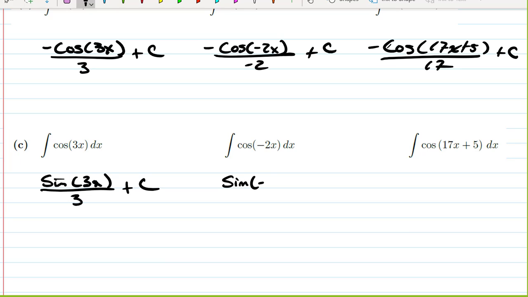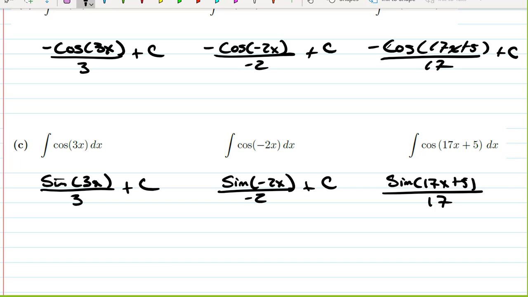We're going to get sine of negative 2x divided by negative 2 plus c, and the antiderivative, sine of 17x plus 5 all over 17 plus c.